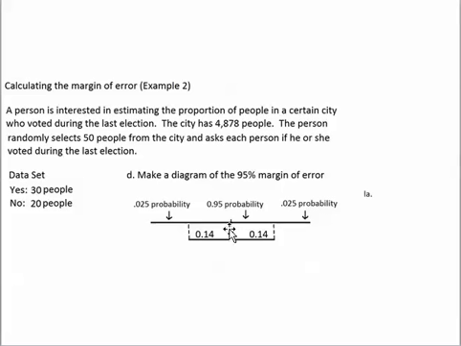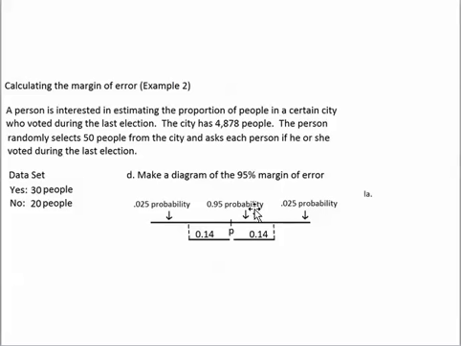We have this population proportion that we're trying to estimate. The symbol for population proportion is p. So p hat is sample proportion. Population proportion is actually p. So we're trying to estimate p. And since the 95% margin of error is 0.14, we know that when we took this random sample from the population, we had a 95% chance of getting a sample proportion within these boundaries around what we're estimating.